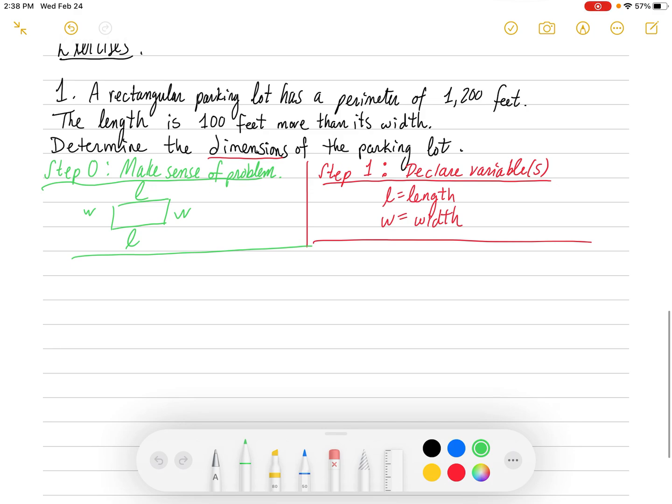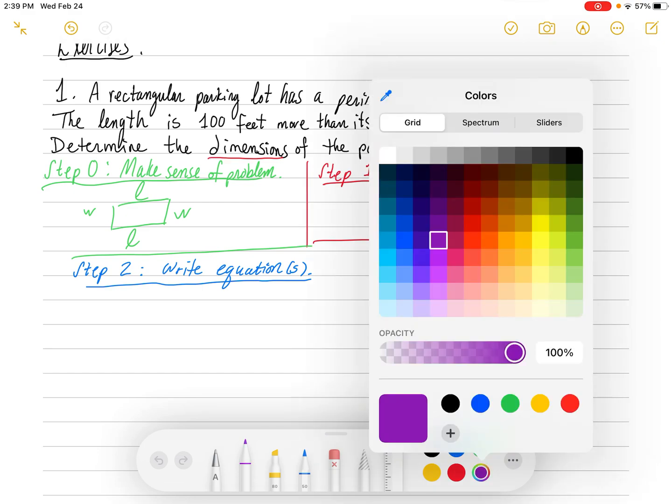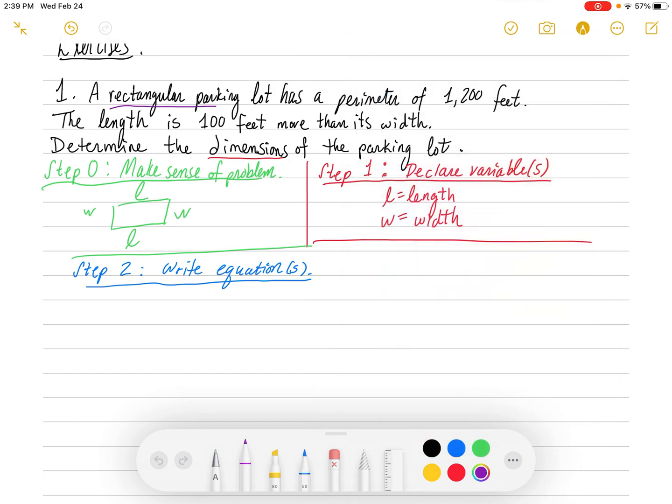So now step 2 is going to be to write my equations. And we're going to get those equations by reading our sentences carefully and coming up with mathematical relationships between our variables, length and width. So the very first sentence here, we have a rectangular parking lot has a perimeter of 1,200 feet.